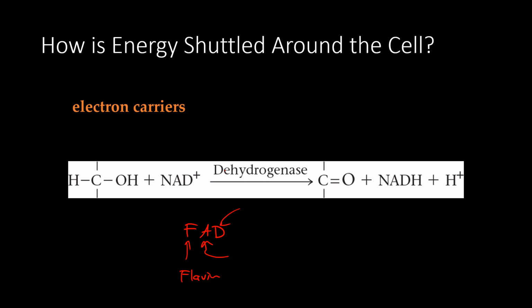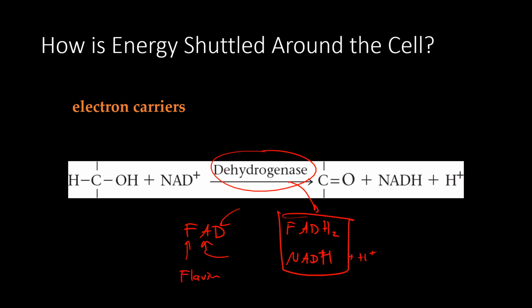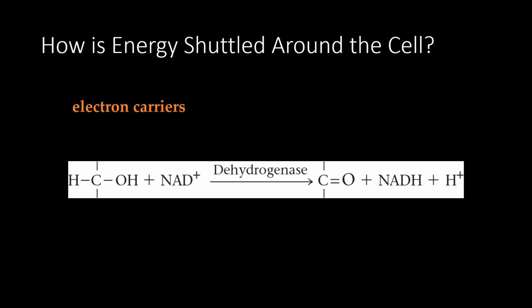Like NAD+, by some other enzyme, it's going to receive electrons and protons. In the case of FAD, it gets both of those, so it's FADH2. In the case of NAD, we just get NADH plus the extra proton. These are the final products of this whole concept. These are the energy carriers. These shuttle the energy from glucose.